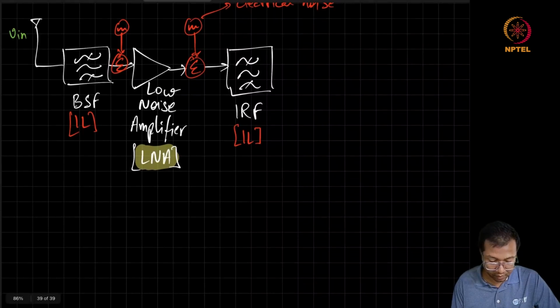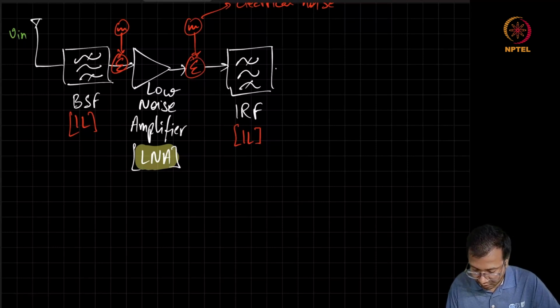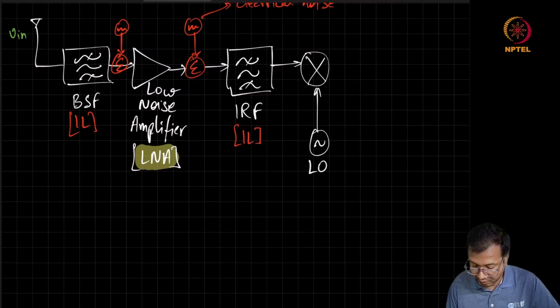Now we have added one more block in our receive chain, and this output of the image reject filter goes to the mixer.